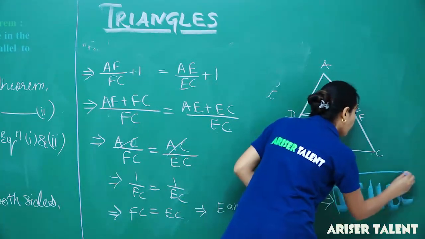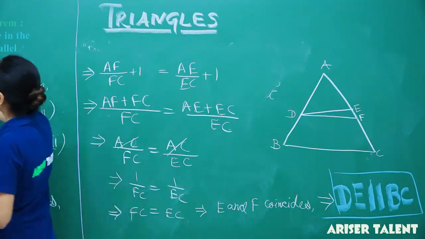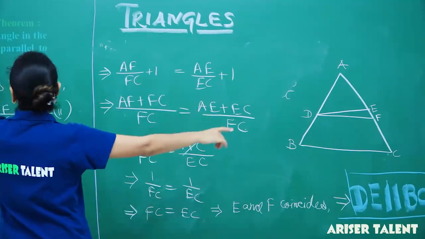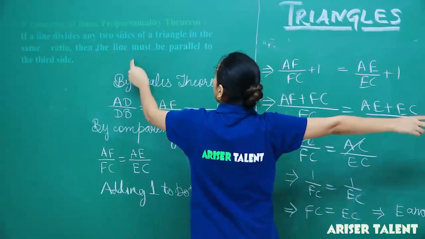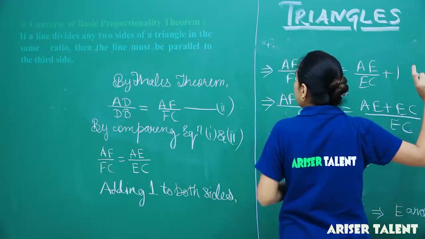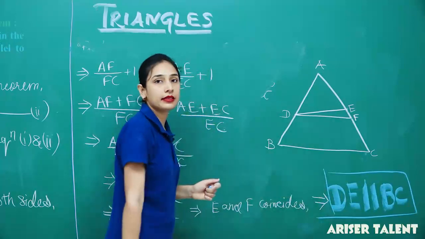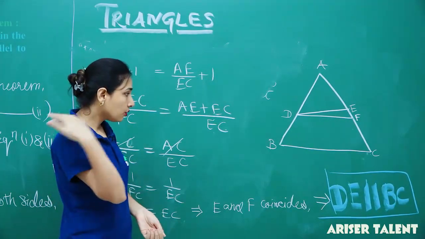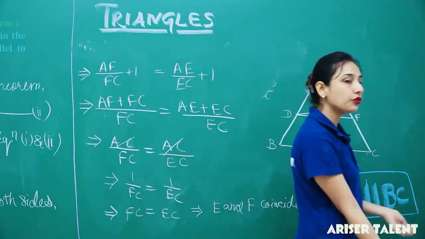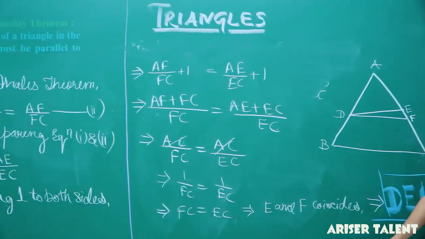And this is what the theorem was saying: if a line divides any two sides of a triangle in the same ratio, then the line must be parallel to the third side. This is for sure, we have proved it. So note it completely, and I am going to rub this.